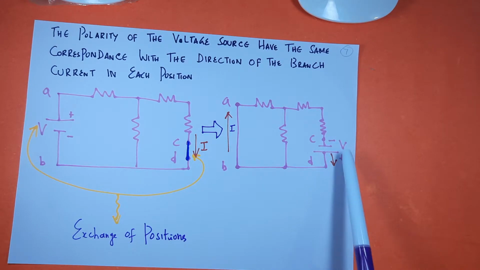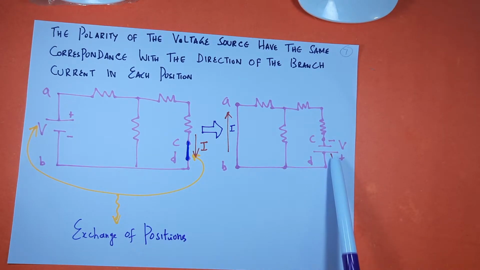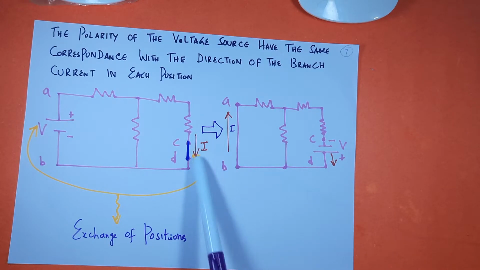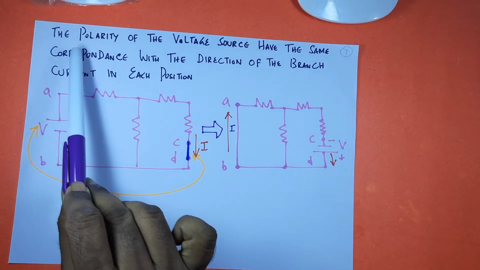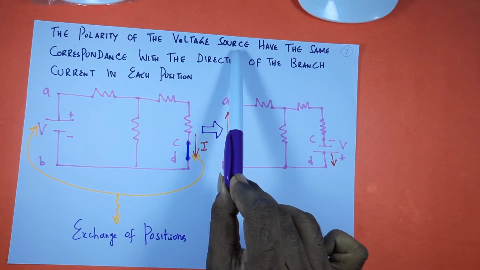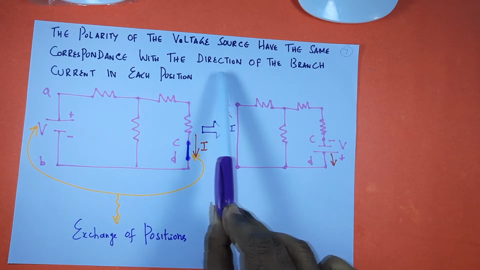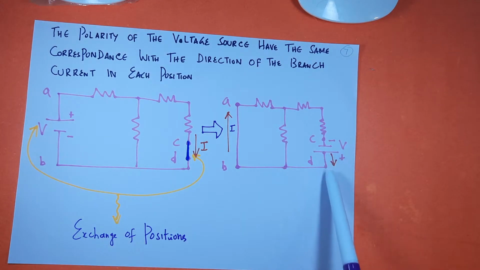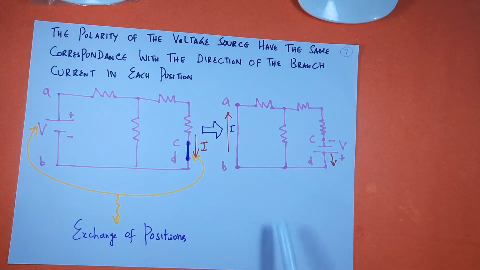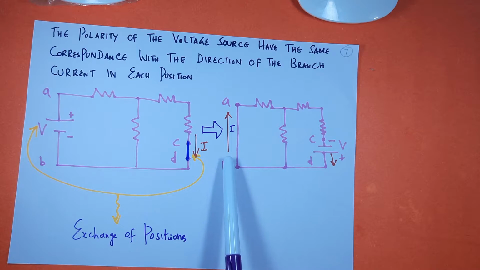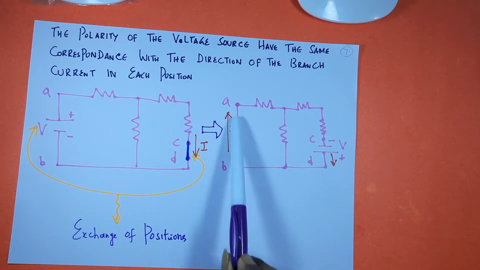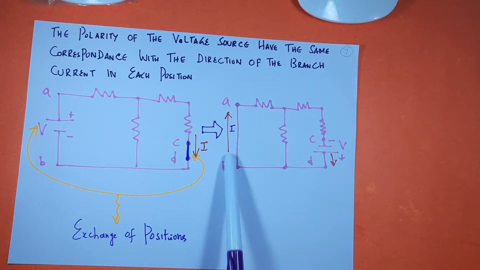So here negative, positive, so the current comes out of positive. The same orientation. That's what they mean. The polarity of the voltage source have the same correspondence with the direction of the branch current in each position, and current through this branch, it is in the same direction. Okay.